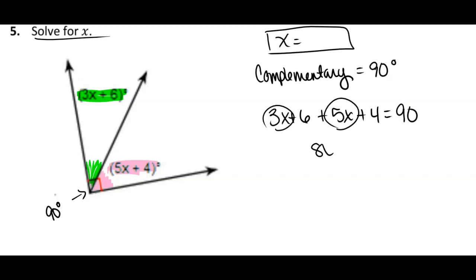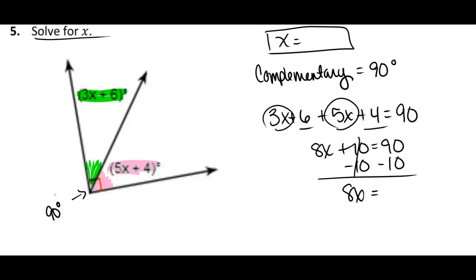We want to combine like terms. Subtract 10 from both sides. And then we're going to divide by 8, and we get an x value of 10. And we go back to our answer box. That's what we need. So our answer is x is equal to 10.